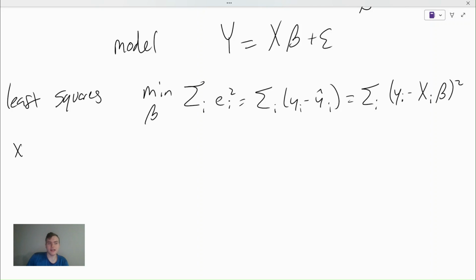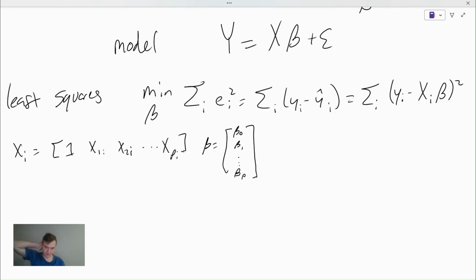And now our xi, remember, is a vector. We have 1 and then x1i and then x2i all the way to xpi. And our beta is beta 0, beta 1 to beta p, right? So dimension p plus 1 because we have the intercept. And then we're going to rewrite this.